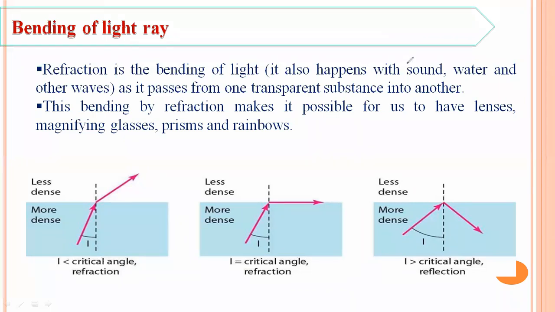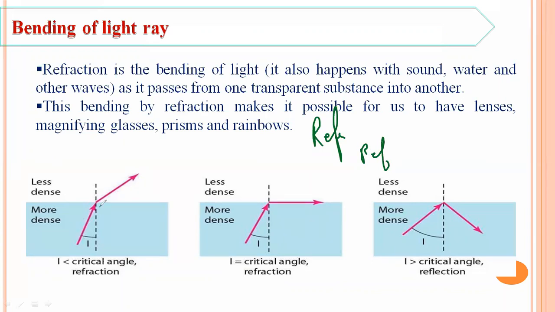So how the light is bent. We have two scenarios: first a refraction and next a reflection. Refraction is when the light rays pass through a dense medium.